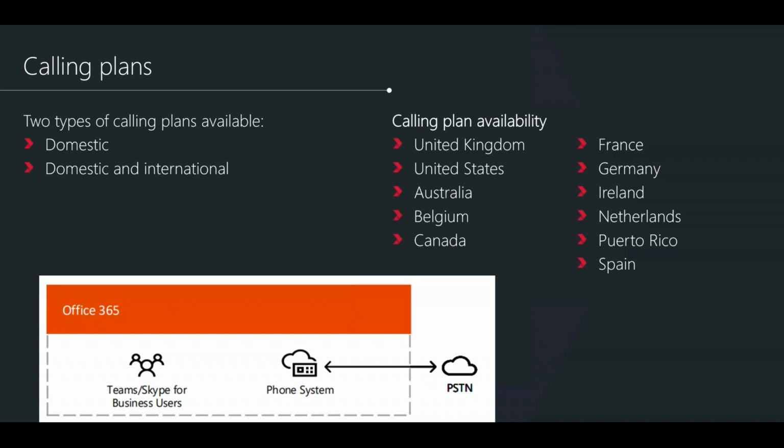Again, as part of the project and the migration process or piloting, we tend to start with the lower licenses and then we can upgrade them as necessary. There is another feature which I'm going to talk about in a couple of slides, communication credits, which can help with providing international calls and making sure people aren't stopped from making calls because they've run out of minutes. We'll come to that in a second.